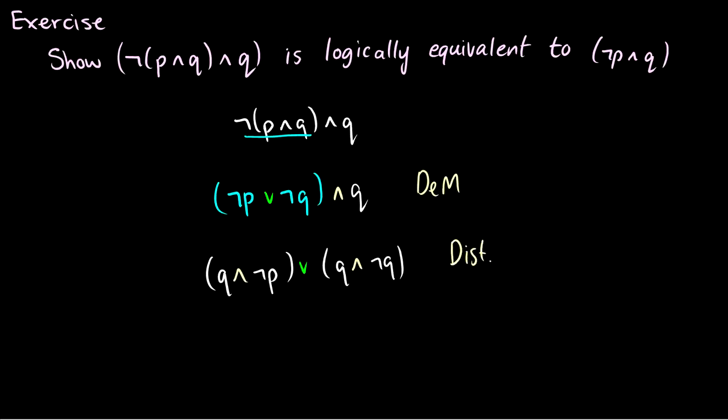Now what do we have? Well, Q and not P, we can't do anything with that, but Q and not Q, well, what is Q and not Q? That is a contradiction, that is false, and that was the inverse law. So now we're left with (Q and not P) or false. Now what happens if I have anything or false?